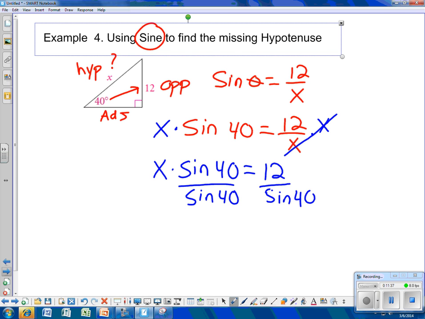We're going to take 12 in our calculator, divide it by sine 40. We should end up with our answer, roughly around 18.7. So you should have gotten an answer there of about 18.7.